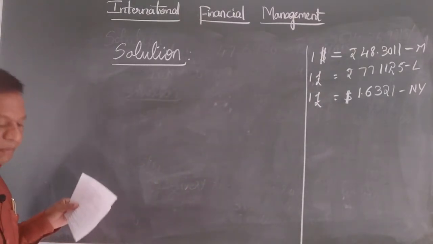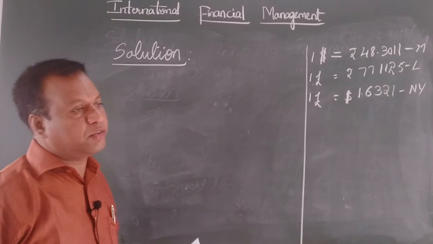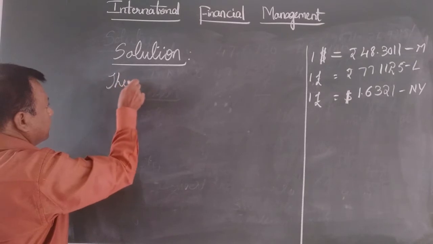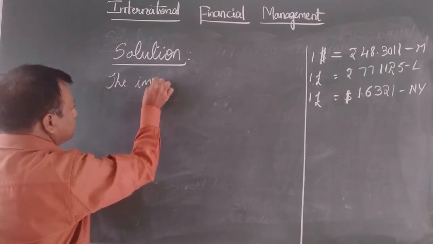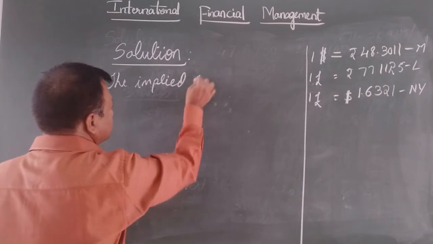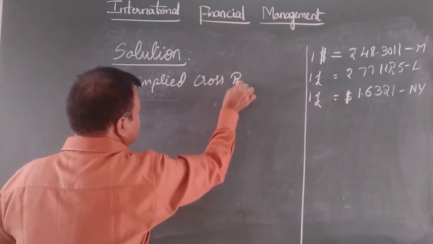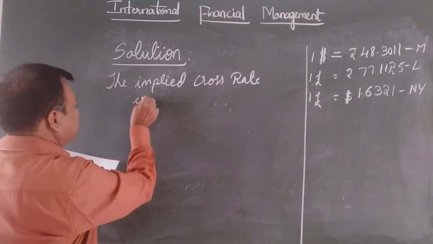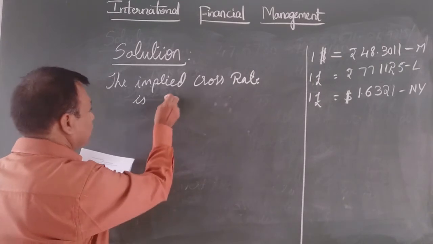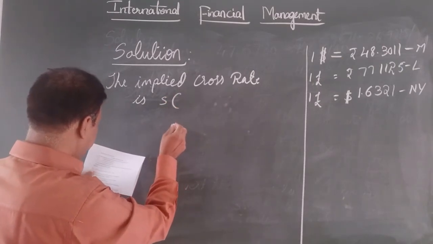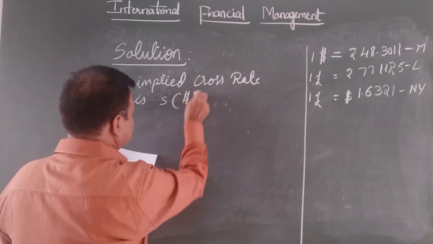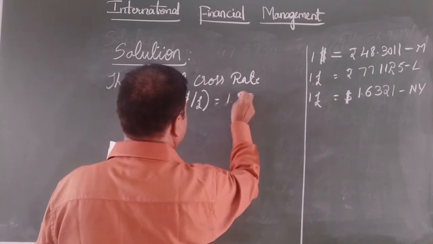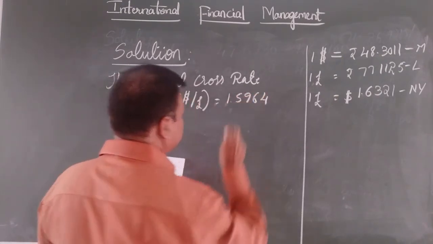Now first, is there an arbitrage possibility or not? To know that, first we have to find the implied cross rate. As we already discussed in the previous video how to calculate the implied cross rate, the spot rate of dollar by pound is 1.5964.